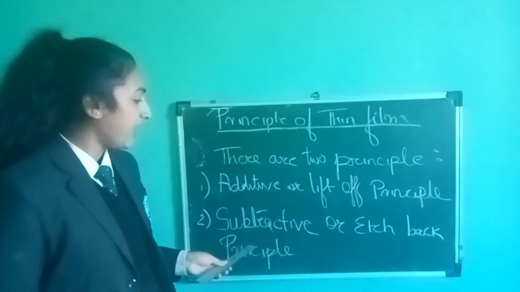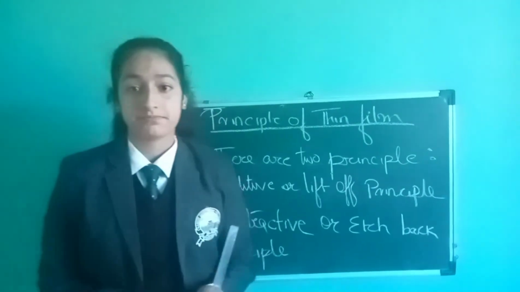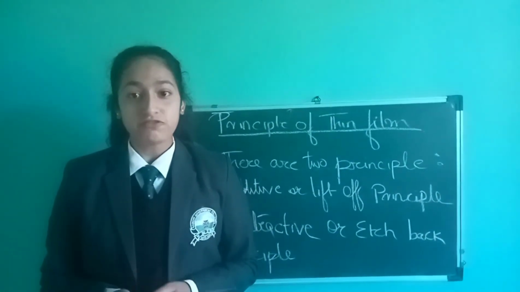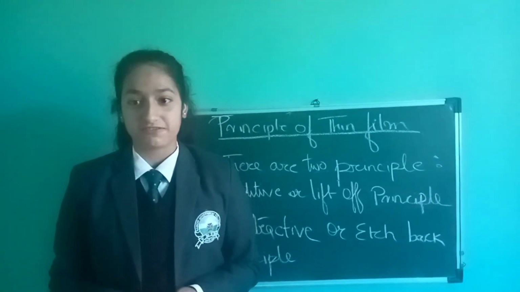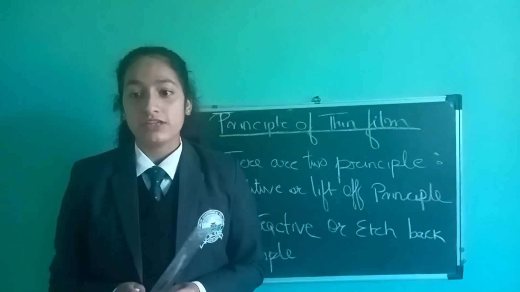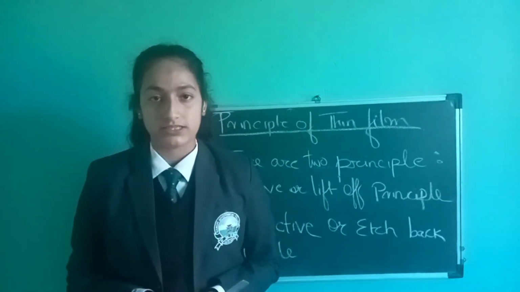Now for the subtractive or etch-back principle, it is a process which involves the coating of the entire surface followed by the removal of selected portions to form a desired pattern.